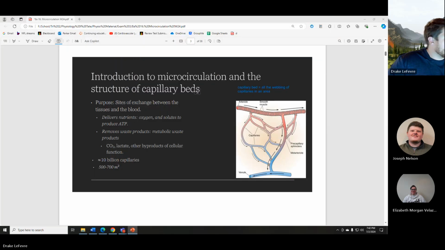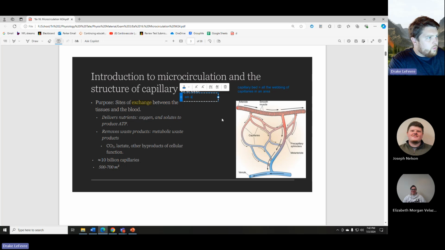So there we go. The whole purpose of this site is to exchange between the tissues and the blood. That's the key word, exchange. That exchange means we are dropping stuff off from the blood to the tissue and picking stuff up from the tissue to the blood.